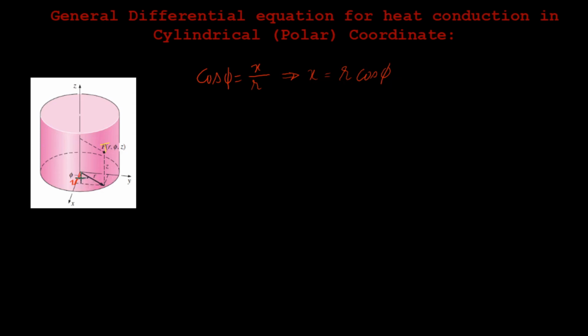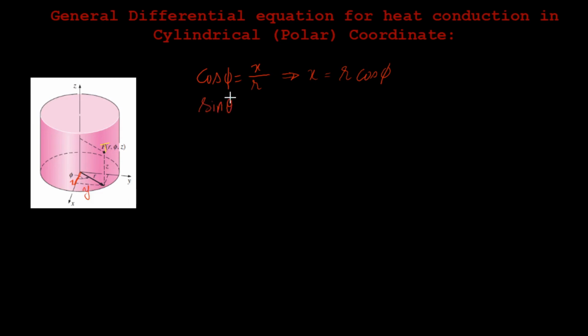Similarly, now if this is angle phi, this line is parallel to the y axis, so this becomes our y. Now this is the opposite side, so I can use sin phi.